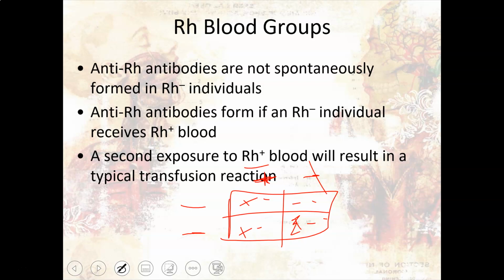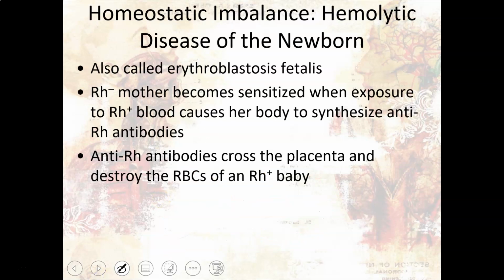So now what happens is that you have a negative blood type, the baby's positive. Antibodies cross the placenta. And so those anti-Rh antibodies will then attack the fetal blood, and they will destroy the red blood cells in the fetus. This is called hemolytic disease of the newborn.